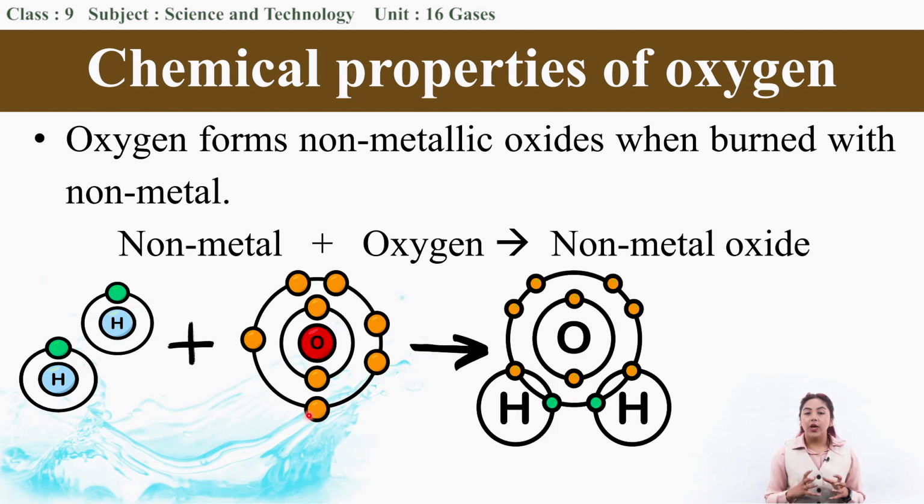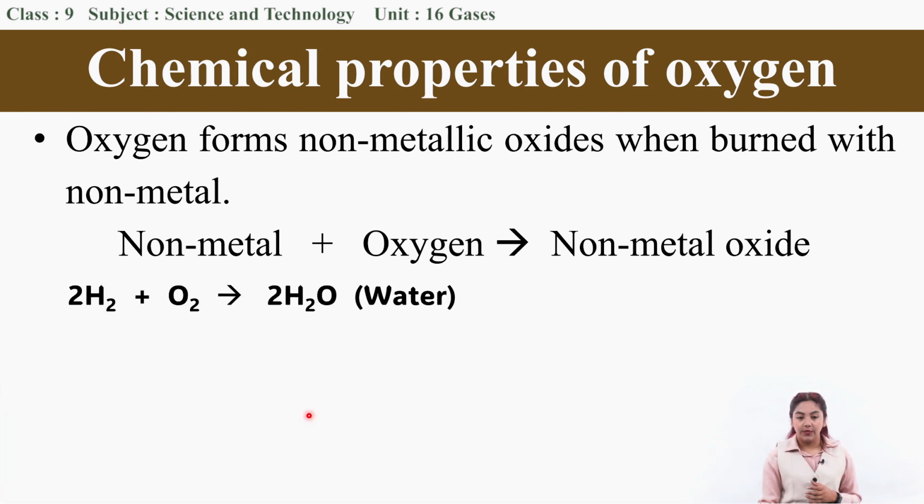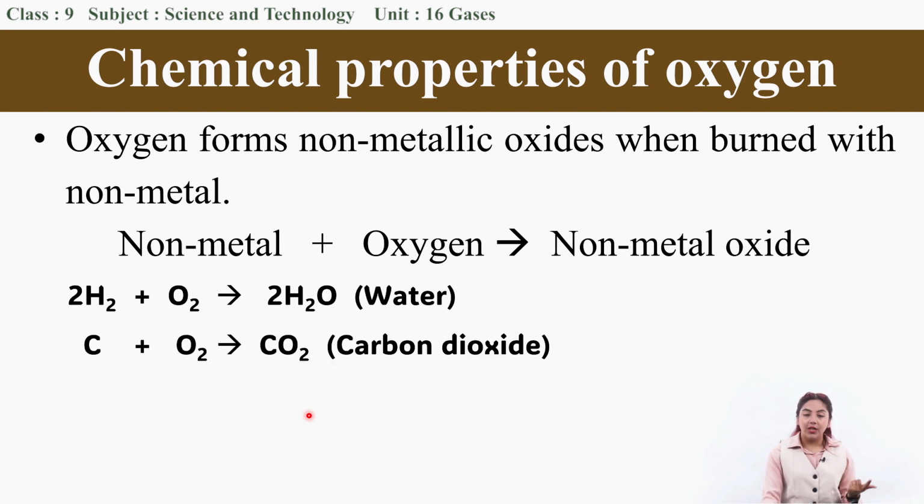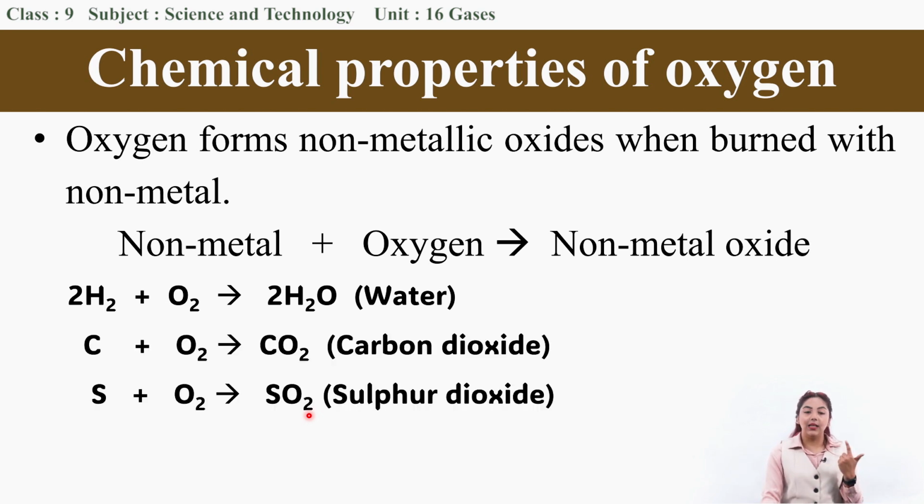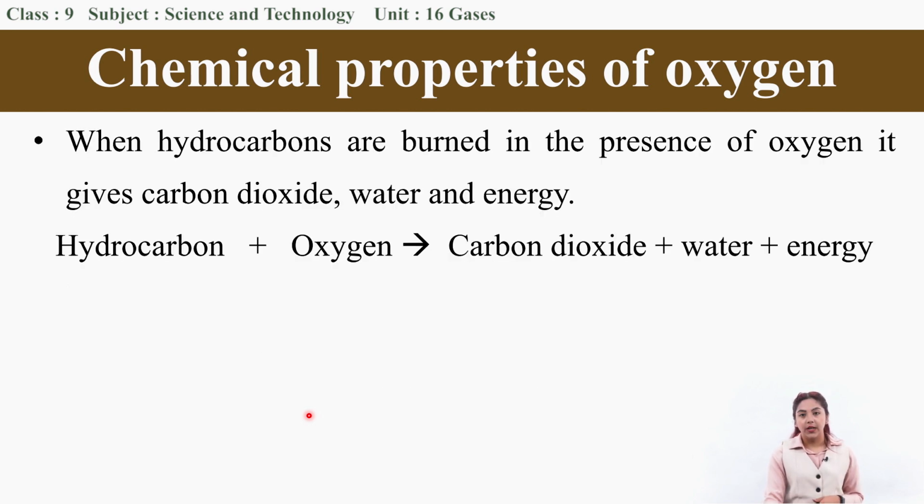That is, when oxygen reacts with hydrogen, it produces water. So hydrogen and oxygen, when they react, form water. Similarly, another non-metal such as carbon, if it reacts with oxygen, forms carbon dioxide, and if it reacts with sulfur, it forms sulfur dioxide.